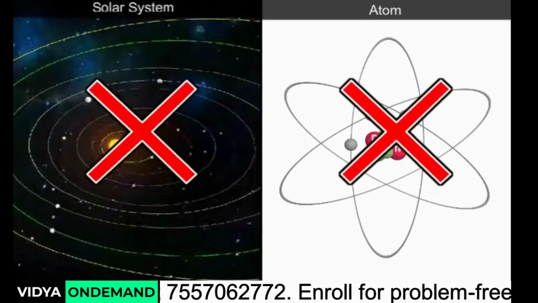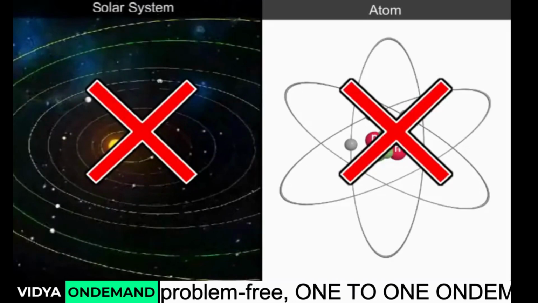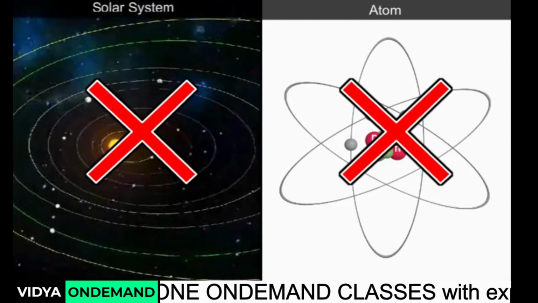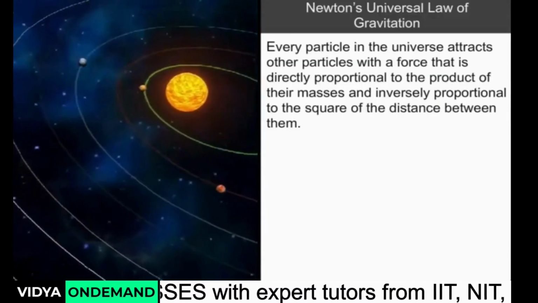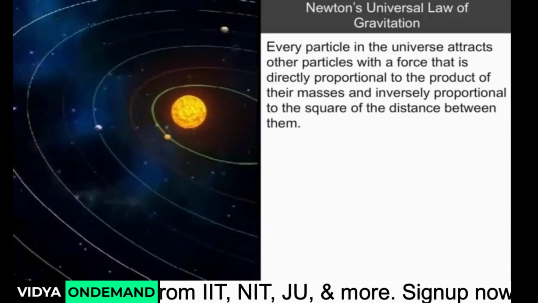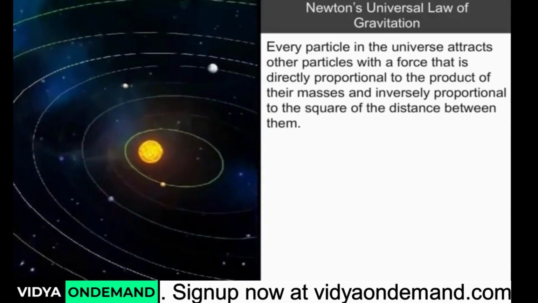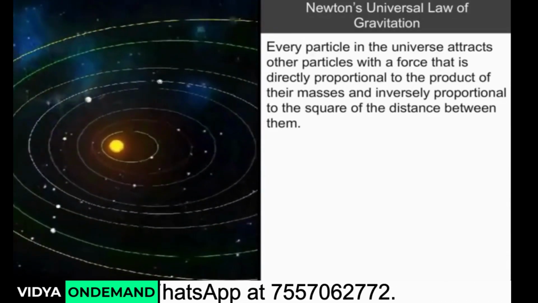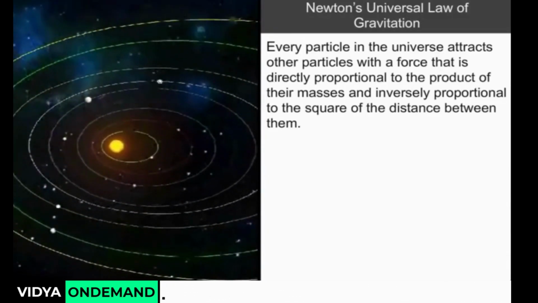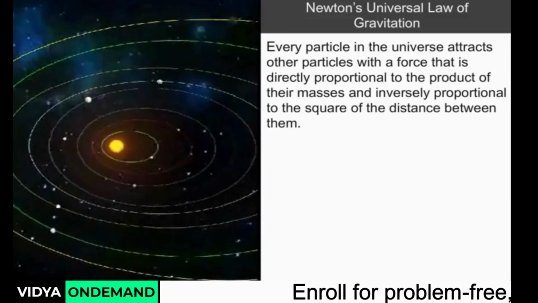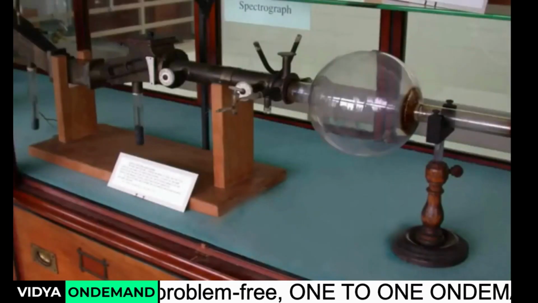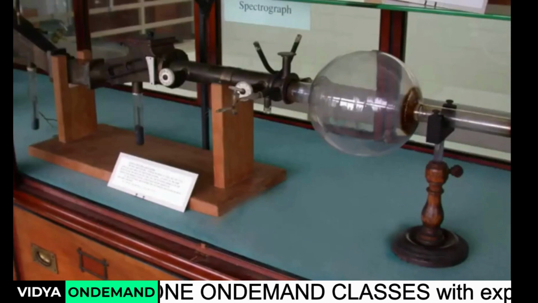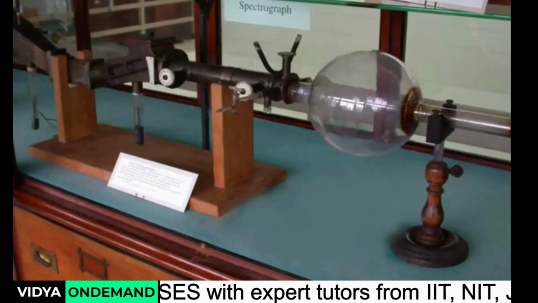We employ indirect methods and techniques by which we can measure their masses. For example, the mass of heavenly objects can be estimated using Newton's universal law of gravitation, which you will learn later in the course. Mass of subatomic particles, like electrons, can be found by making use of devices like mass spectrograph.